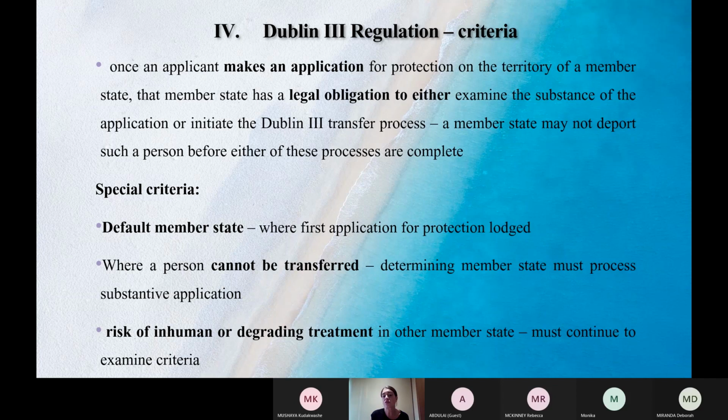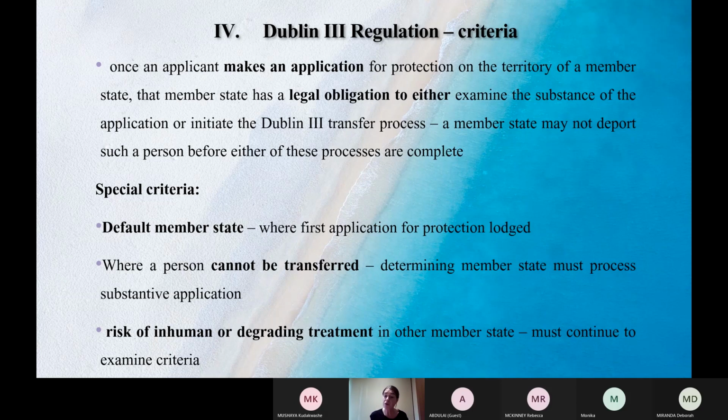Where there is a risk of inhuman or degrading treatment in another member state, and this happened, maybe you might have heard of the Greek transfer cases. Greece was inundated with applications and their system simply couldn't cope with the number of applications.